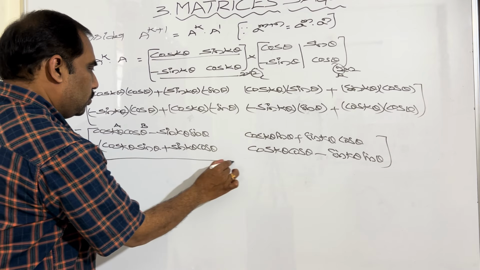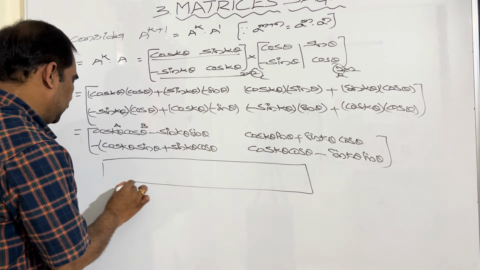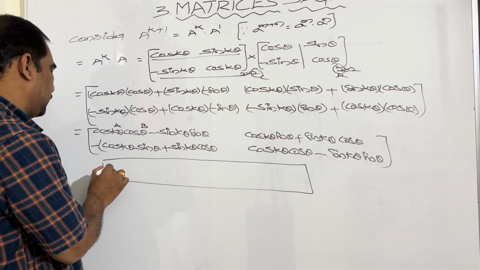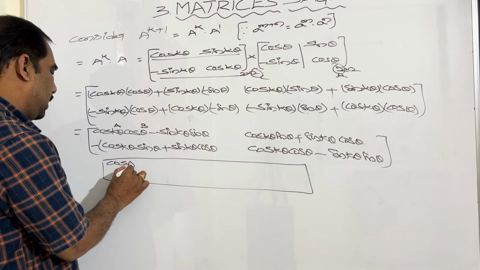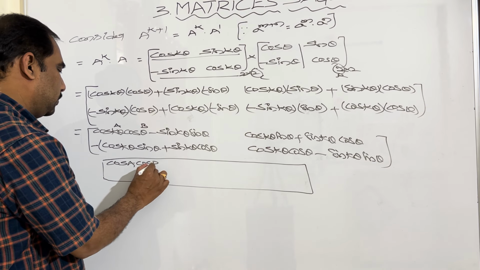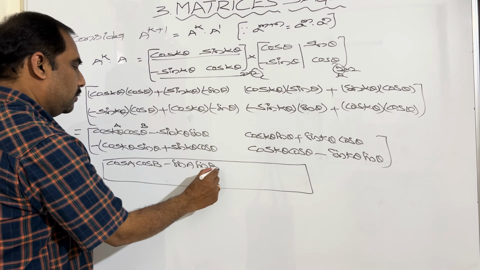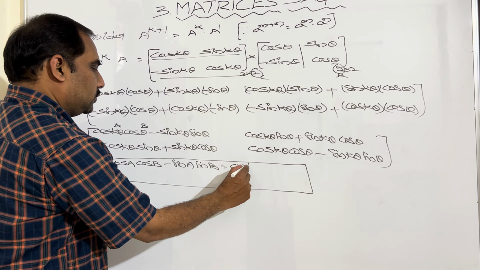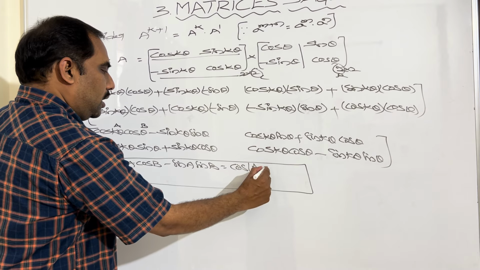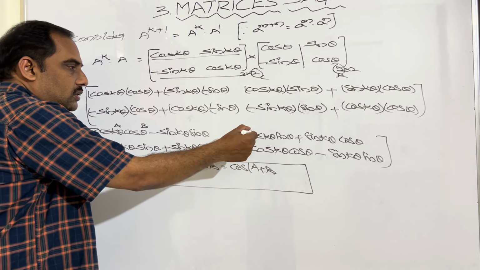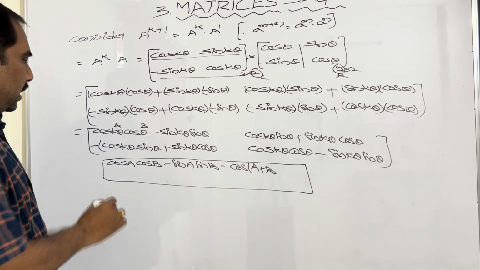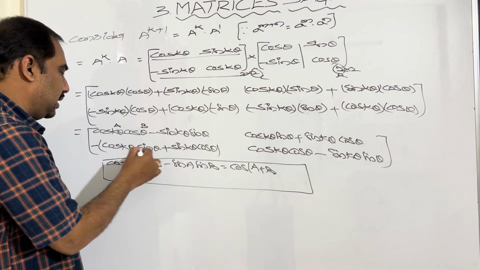That is, we have here cos(A+B), that means cos A cos B minus sin A sin B, which is equal to the cos of A plus B formula. And here, first row second element, and in the second row first element.